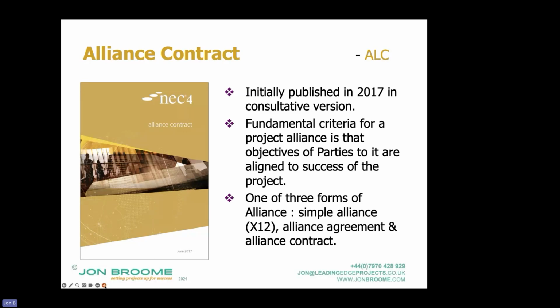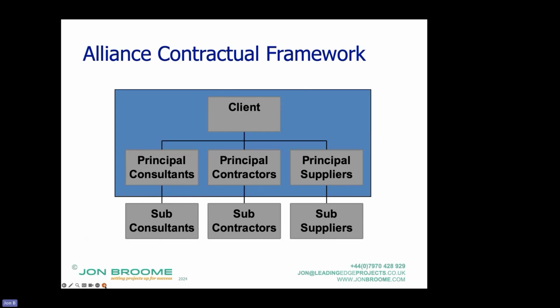So if I do this diagram, and let's loosely base it on a true story. Let's say I'm a client and I'm a water company and I want a new water treatment centre. Traditionally, I go to a consultant and say, design it. I go to 1 or 2, let's say a civils contractor, and I might go to, and I know this says suppliers, an M&E contractor, mechanical electrical contractor.